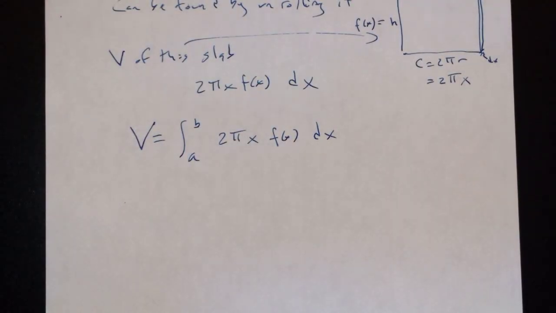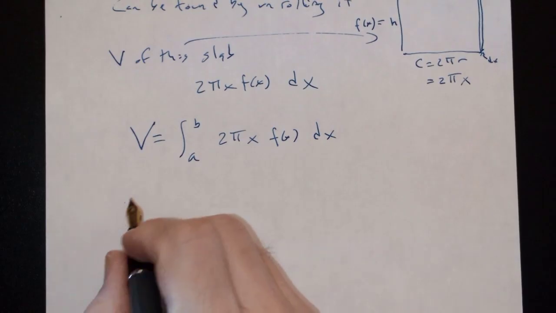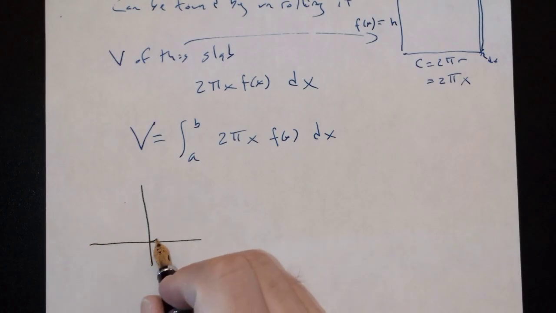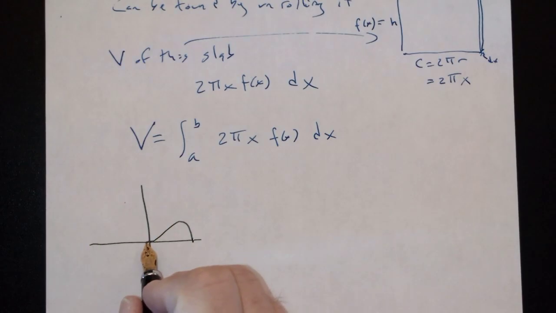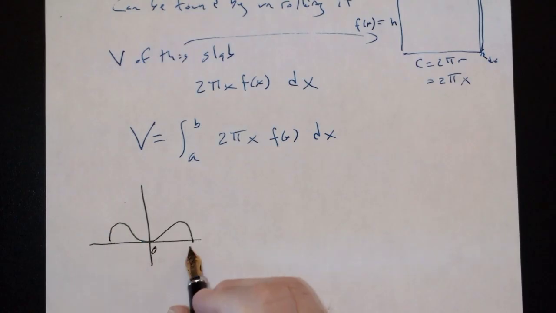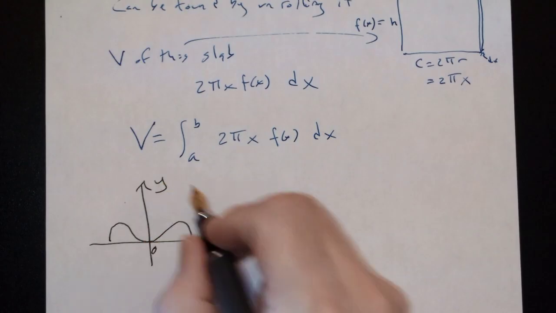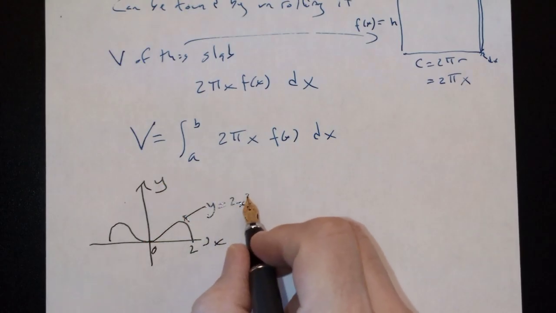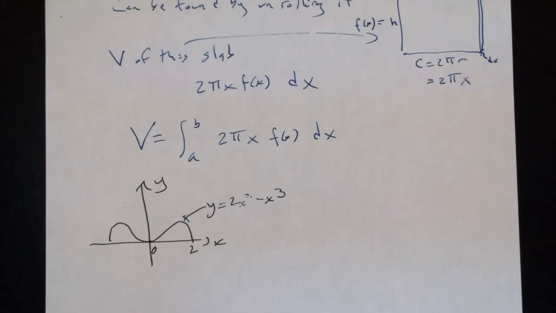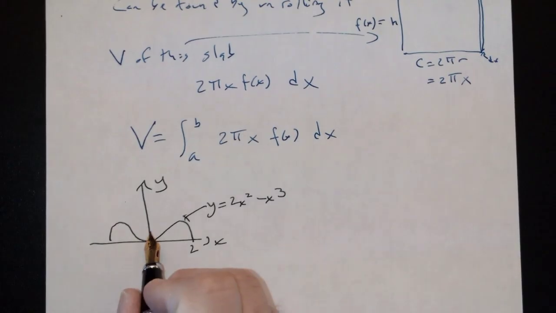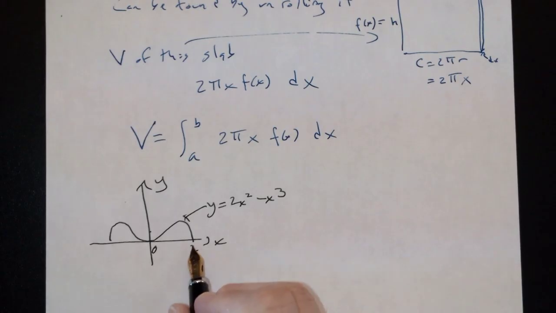So for our problem, the smallest radius I can use is what? Because I'm going around the y-axis, the smallest radius is here. And the largest radius is all the way out there.